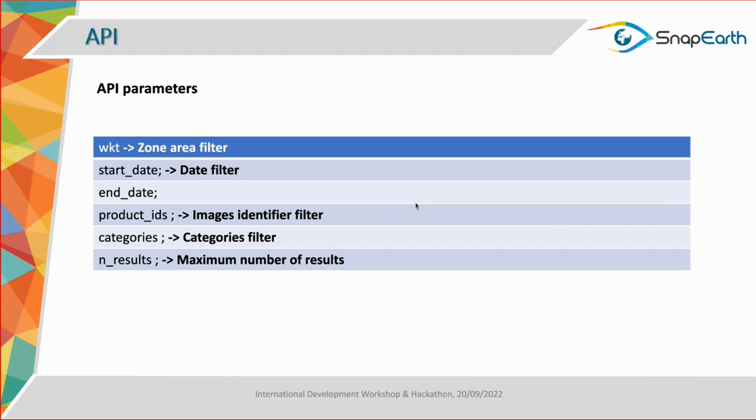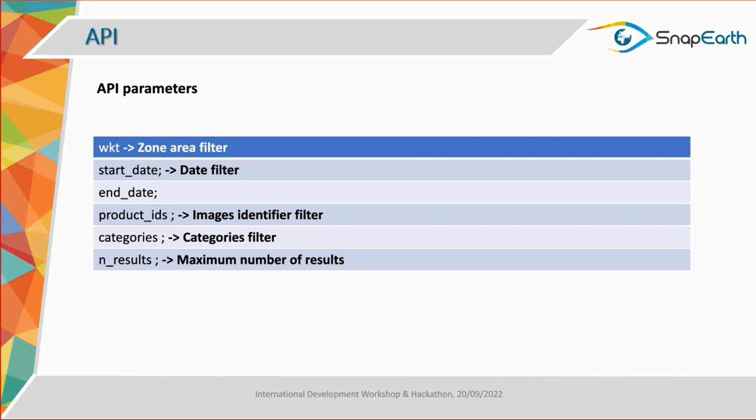So when you call the API, for example, the list segmentation endpoint, you can play with some parameters to filter data, because we have a lot of images in the database. So you can filter with the WKT parameter. WKT is where you give a polygon area, and we return only images within this area.